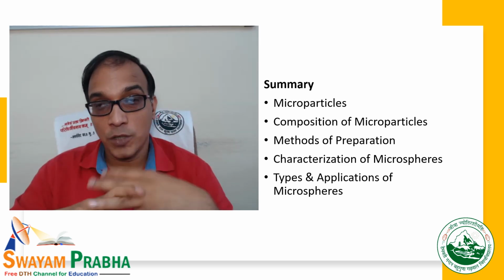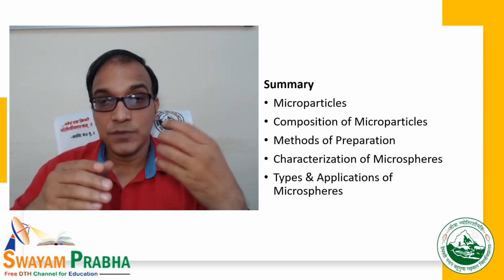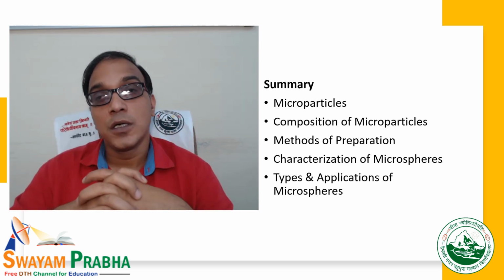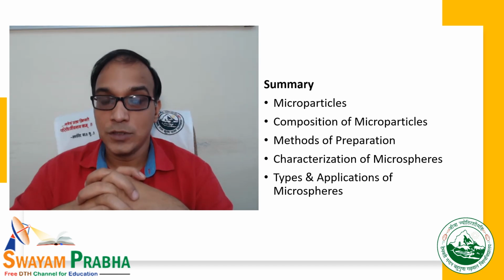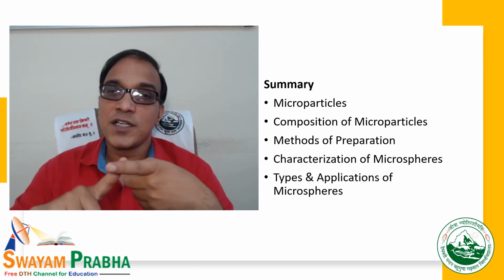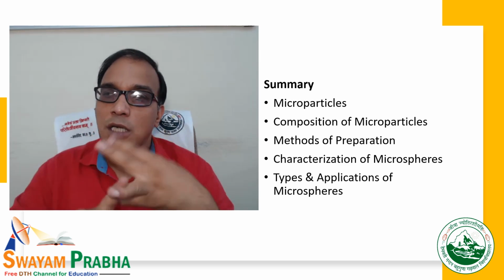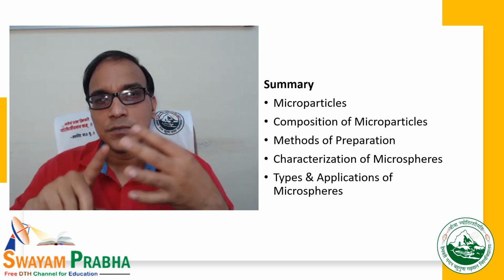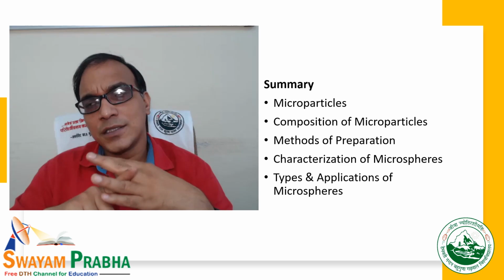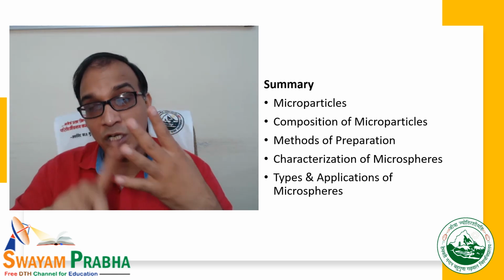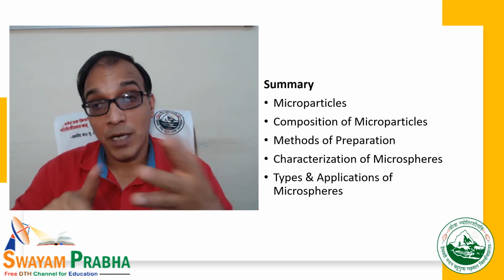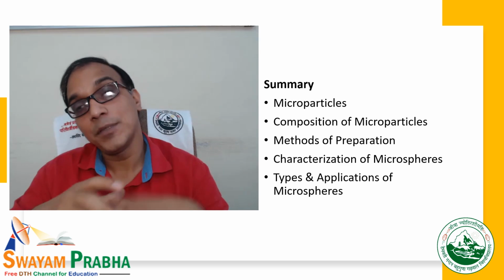Okay, the methods of polymerization: we have discussed the four major types, that is emulsification, gravitational and suspension polymerization, and the solvent evaporation and solvent removal methods. Sub techniques may be there.